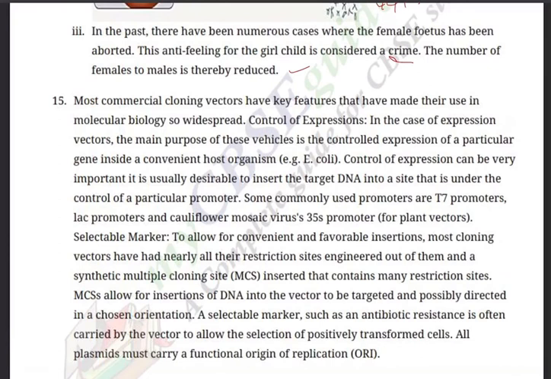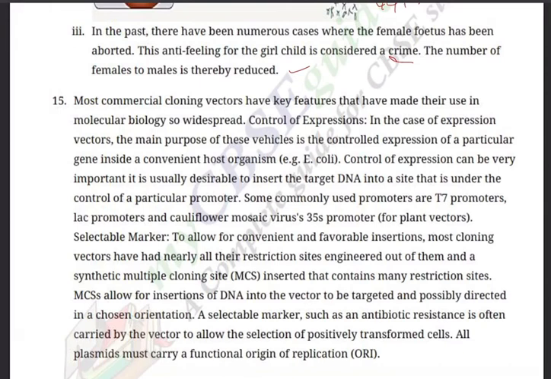Question 15. Most commercial cloning vectors have key features that have made their use in molecular biology so widespread. Control of expression. In the case of expression vectors, the main purpose of these vehicles is the controlled expression of a particular gene inside a convenient host organism like E. coli.